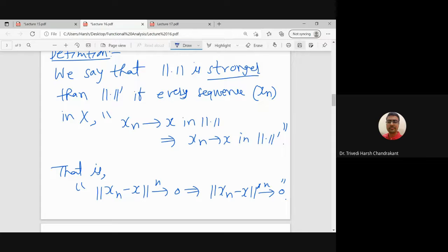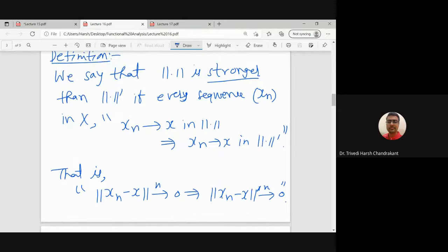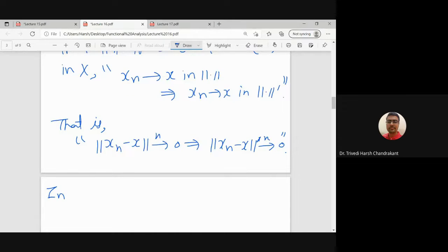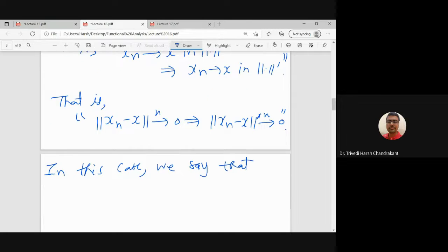So this is regarding stronger. If the first norm is stronger than the second norm, then the second dash norm is weaker than the first norm.